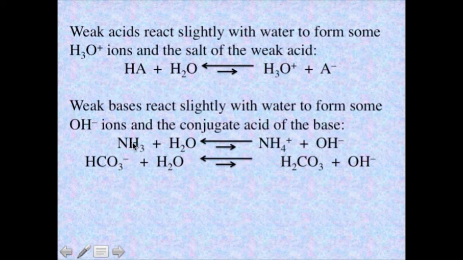So ammonia, for example, reacts with water to form a little bit of ammonium ion plus hydroxide ion, enough to make it a basic solution. Or bicarbonate reacts with water to form carbonic acid and just a little bit of hydroxide ion.